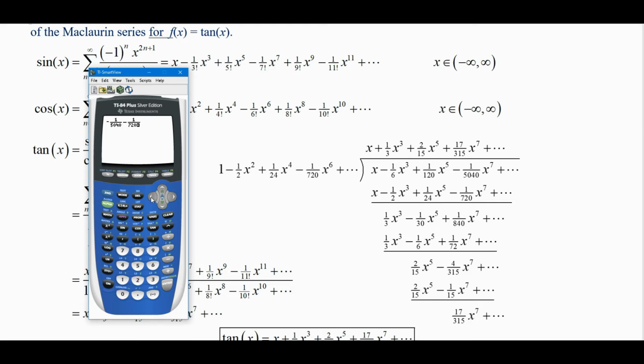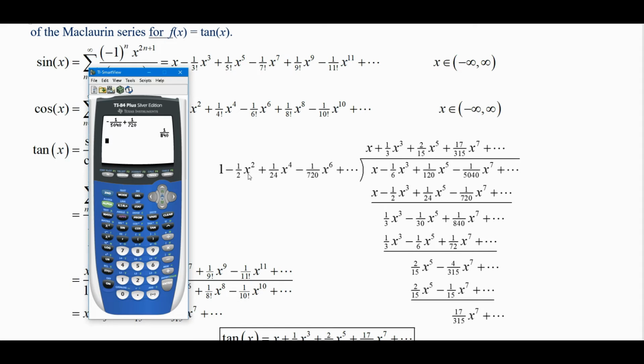So the signs have to change on the bottom one. So change that to plus, and that is, it didn't like that. Let's go back and figure out what happened here. Okay. And that's 1 over 840.